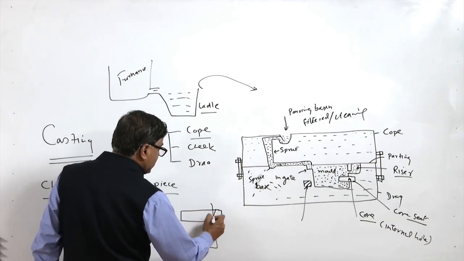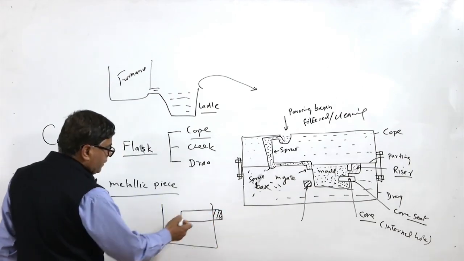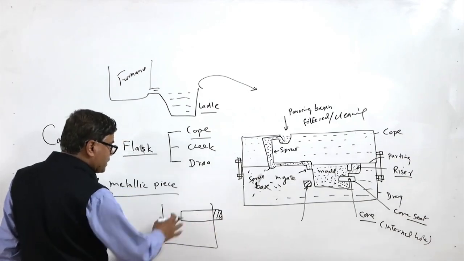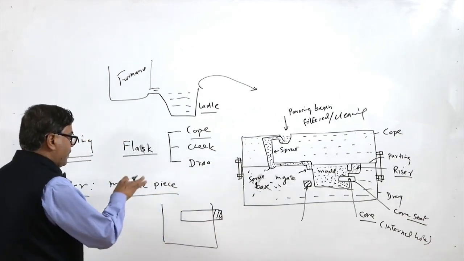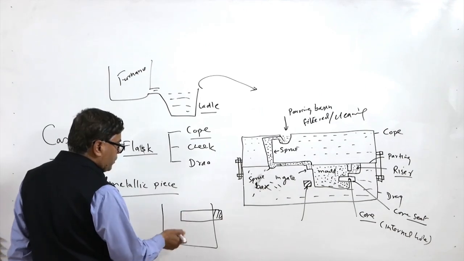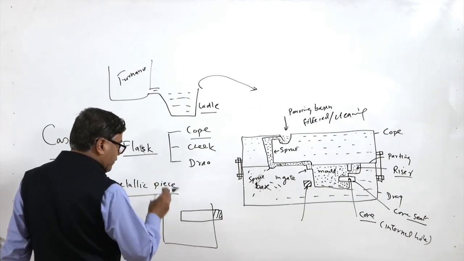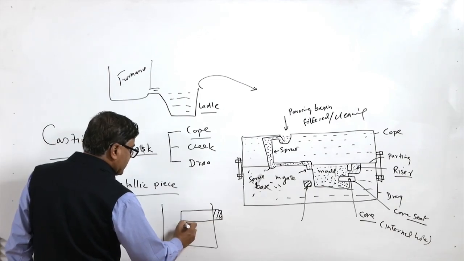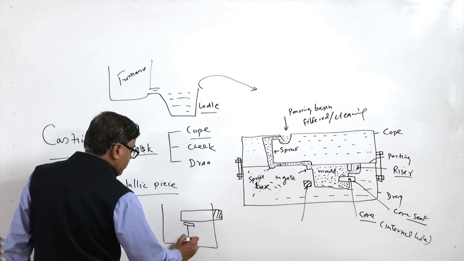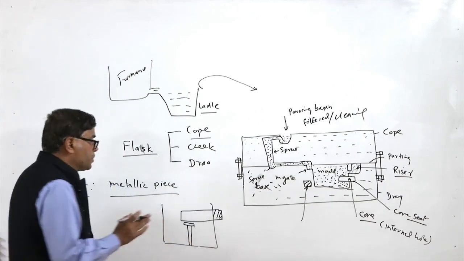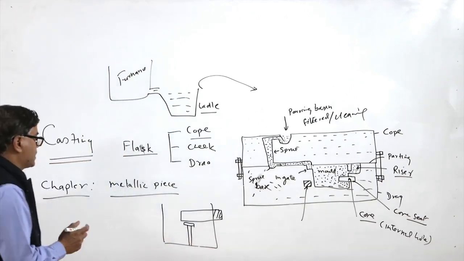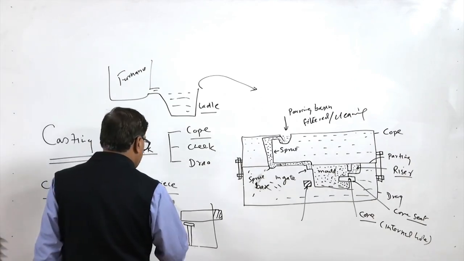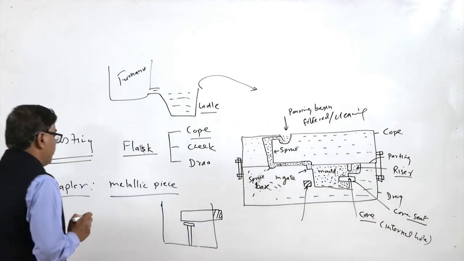Here the seat is limited, and we know that if the overhang is this much, then the core will have a tendency to settle down or get fractured. So, in order to provide suitable support, metallic pieces like this are kept in the mold, so that they can provide the support and the position of the core is not disturbed when the molten metal is poured into the casting.